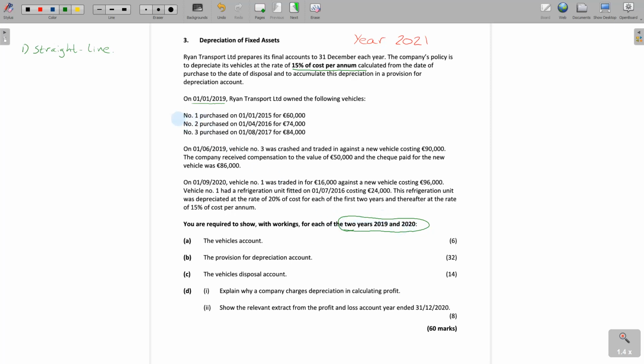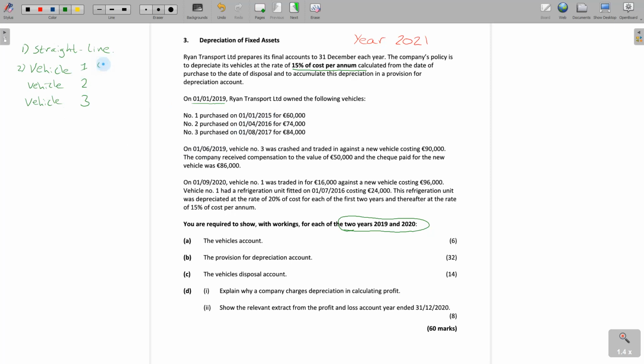So we purchased vehicle 1 on the 1st of 1st, 2015. We have vehicle 1, vehicle 2, and vehicle 3. As I said, all of these are going to be rows, so you'll have vehicle 1, 2, 3, just like that in your table.